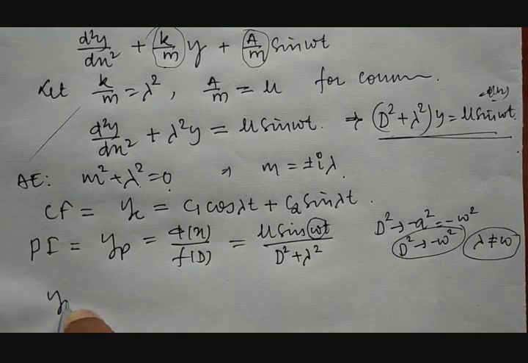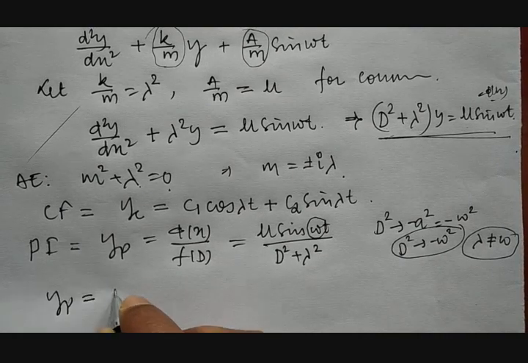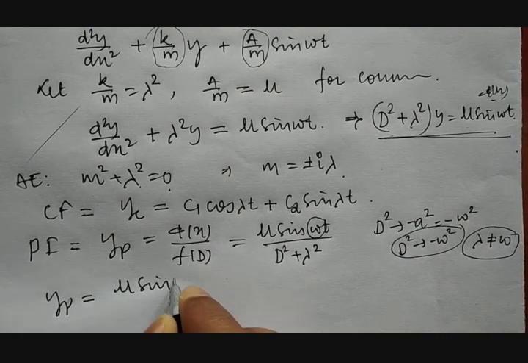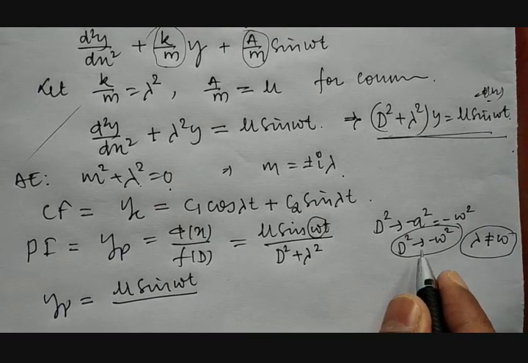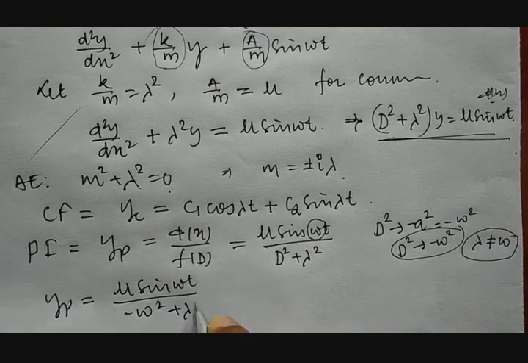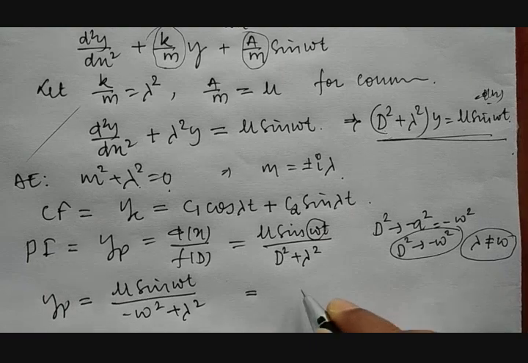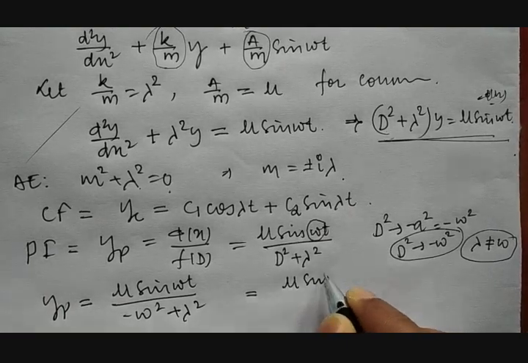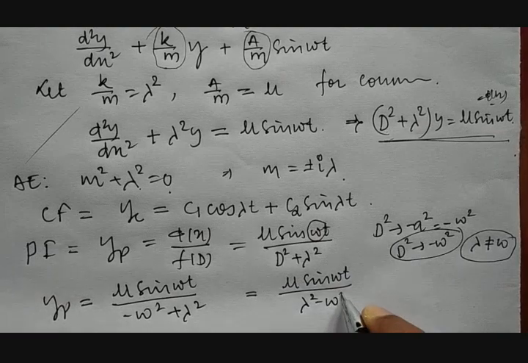Therefore yp is equal to μ sin ωt divided by (−ω² + λ²). Since ω is not equal to λ, this equals μ sin ωt divided by (λ² − ω²).